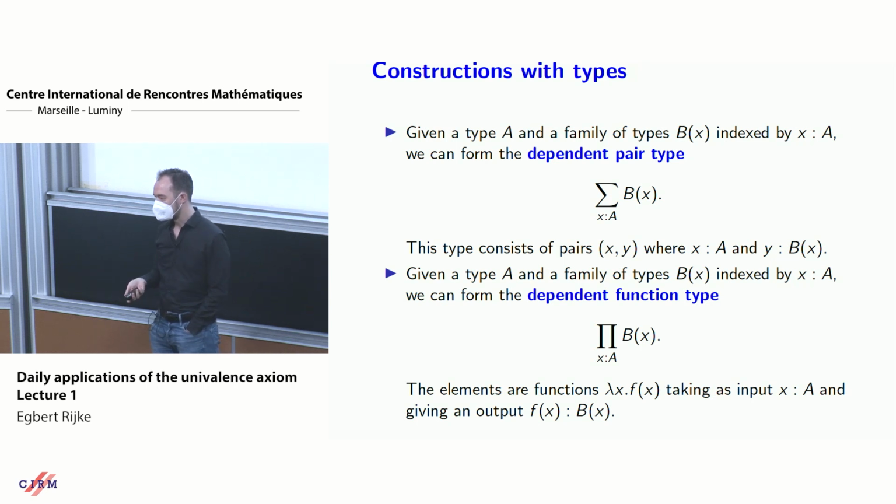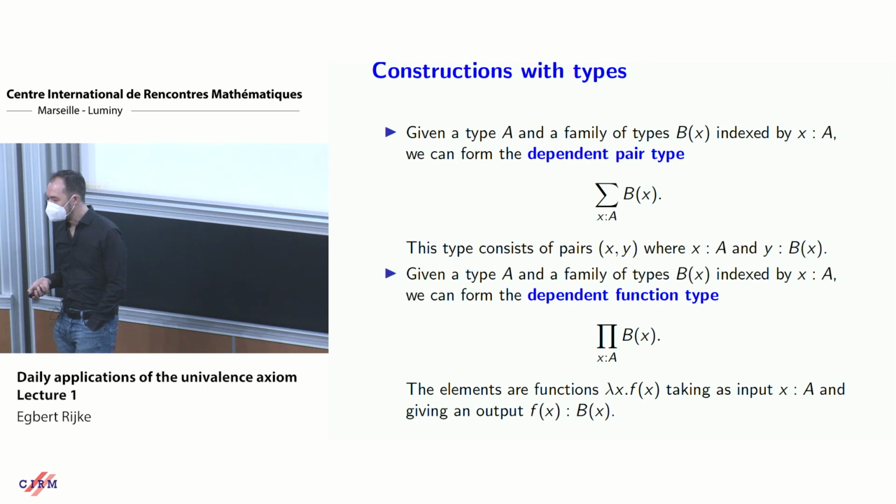And you can make the type of all of them. And the pi type, as we often call it, consists of functions of the form lambda x, f of x. I'm not saying that all of them are definitionally equal to this, but these are still what makes the pi type work.